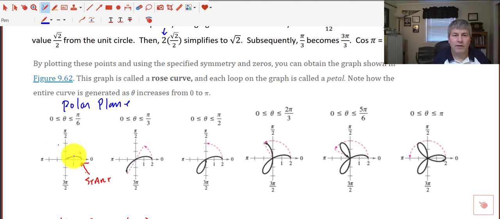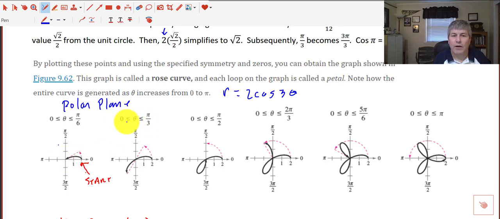So our start here with our function r equals 2 cosine of 3 theta: when we put 0 in for theta, the cosine is 1, and 2 times 1 is 2. So our start here is out at 2. And as we rotate around, as our angles change, our values move.